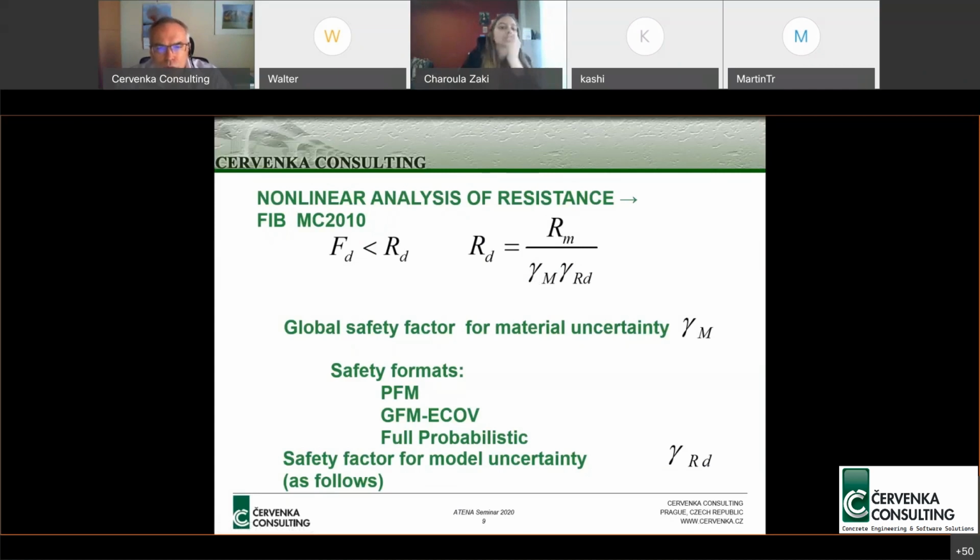So I would like to show two or three. I will concentrate in my talk on three safety formats because they more or less correspond to the safety formats proposed in the fib Model Code, which is, let's say, the only available model code now which treats this problem of safety formats for nonlinear analysis in a somewhat consistent manner.